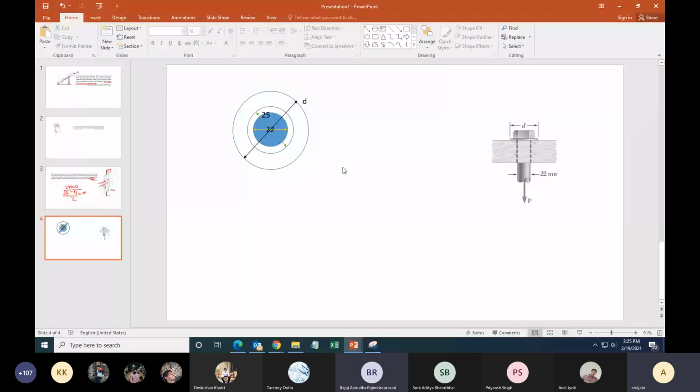Should we take pi into D square minus 25 square by 4, or pi into D square minus 22 square by 4? Which is the relevant area?